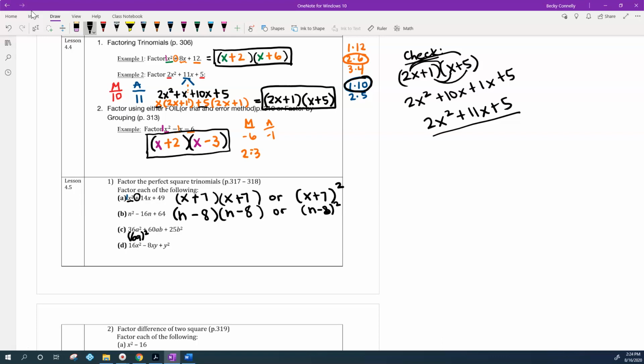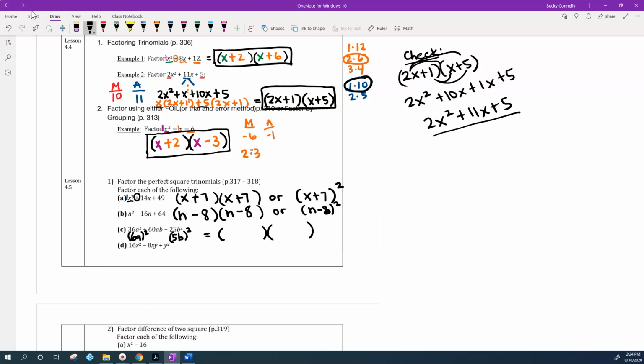And then I'm going to do the same thing with the 25b squared. If I take 5b and I square it, that would give me the 25b squared. I like having it this way because then I can see what my two terms are that I need to put in my sets of parentheses here.